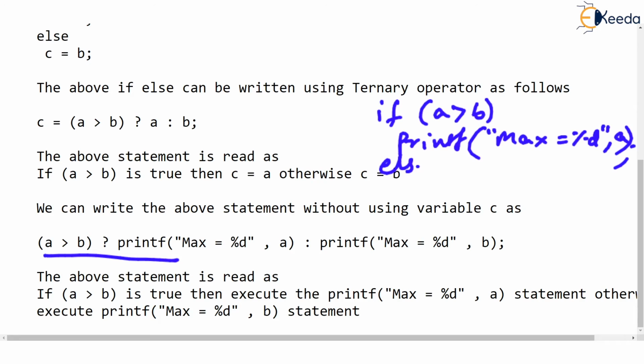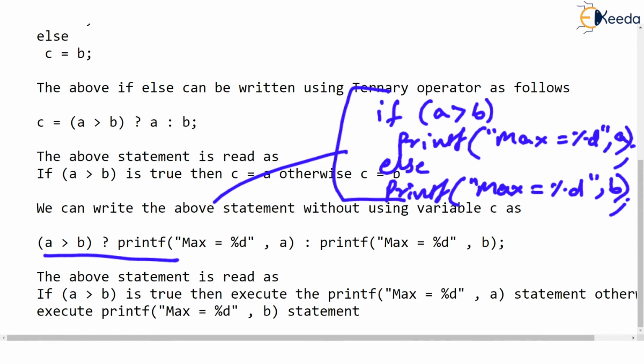Else printf max is equal to %d B, B is largest. This if else and this code written using question mark are exactly the same. That's how you write the ternary operator in C language.